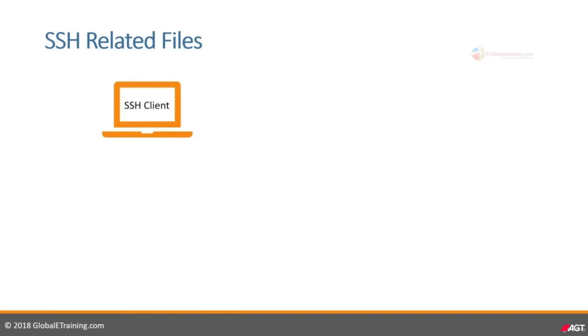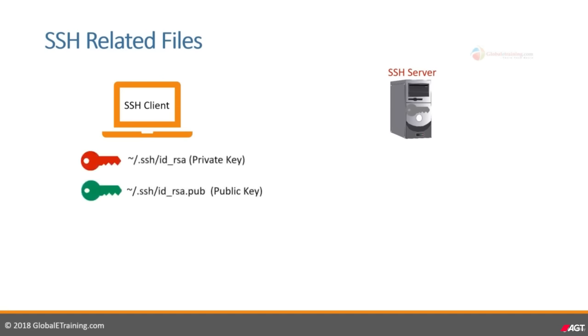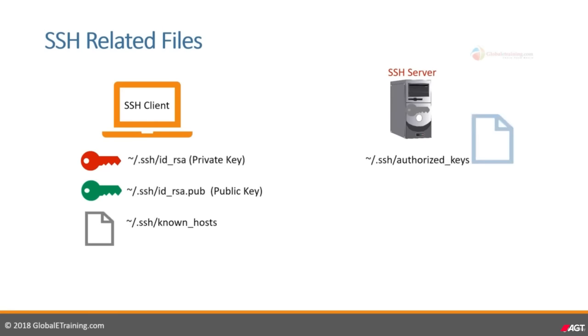Let us take a quick look at some of the configuration files with a small animation. We have an SSH client and an SSH server. On the client machine, we have a private key and a public key. By the way, these are RSA keys. And there is a file called known_hosts. And on the server, we have authorized_keys.